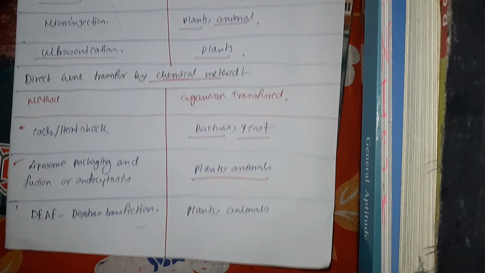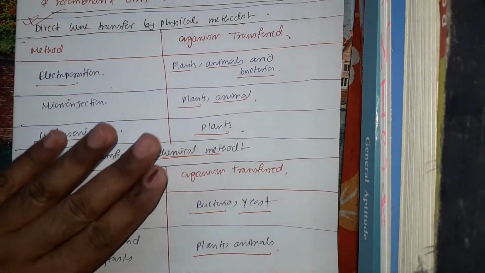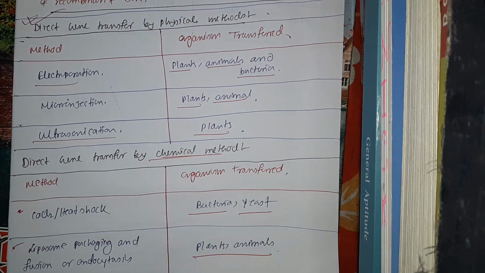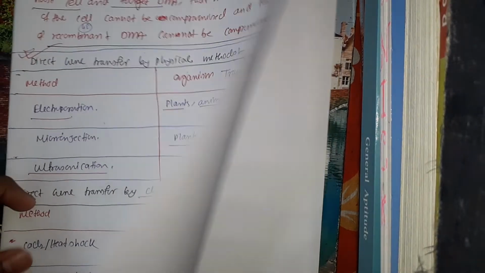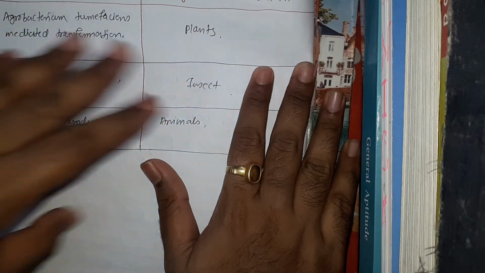After using physical and chemical methods, scientists found the huge success of recombinant DNA technology along with gene therapy. So they decided to use some biological methods too for gene transfer. I have already made videos on some of them. One is baculovirus.